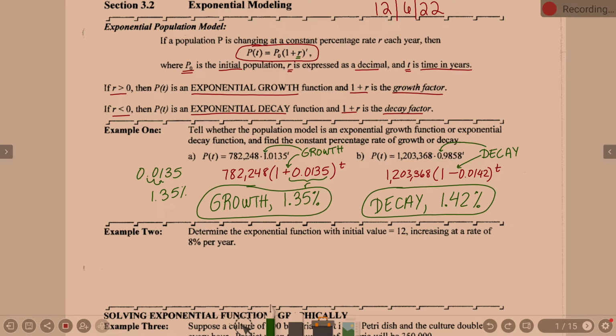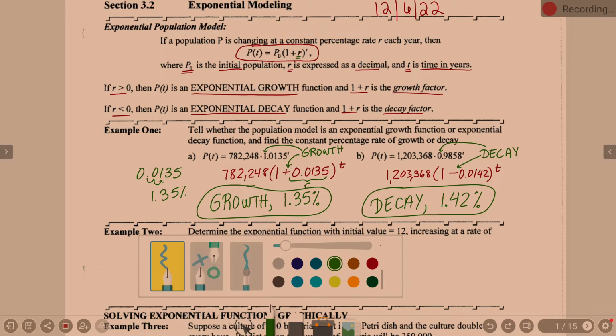Determine the exponential function with initial value 12 increasing at a rate of 8% per year. Okay, exponential function is of the form P of t equals P naught times 1 plus r to the value of t, yes? I know that because it said exponential function.